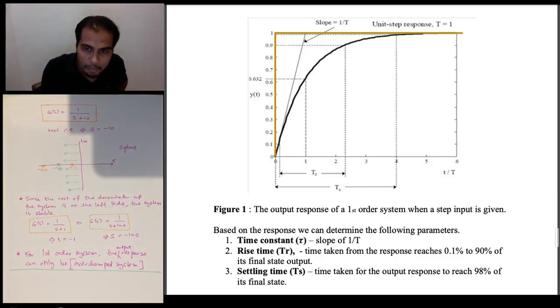That's a typo there. So 10% to 90% of its final state output is the rise time. Settling time is the time taken for the output response to reach 98% of its final state. We will discuss this later in the first order response analysis.